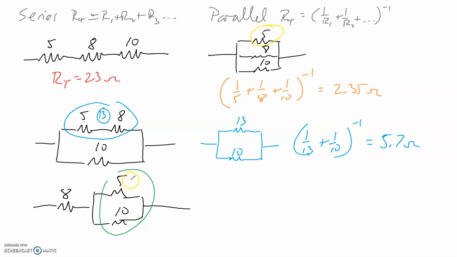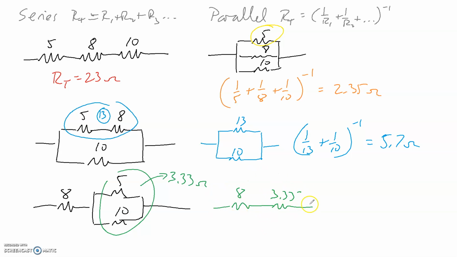Once again, I know it's going to be less than 5 because that's the smallest resistor in parallel. If I do the parallel calculation, those two put together give me an equivalent resistance of 3.33 ohms. So this circuit would be the same as this one, replacing the 5 and the 10 with a 3.33 ohm resistor.